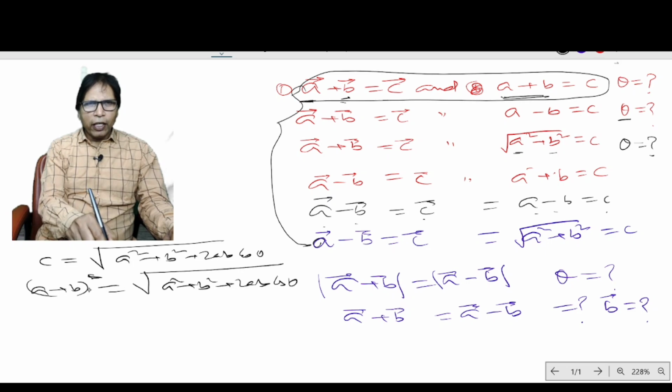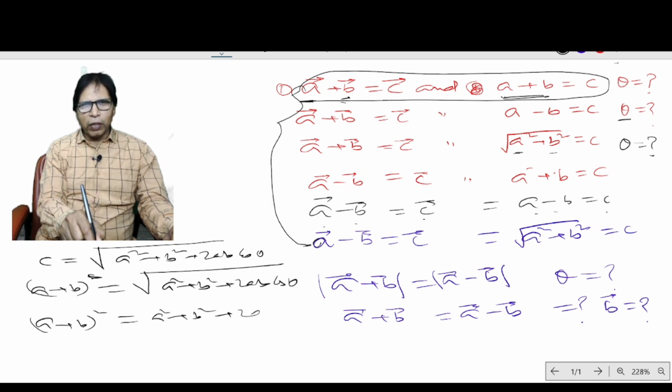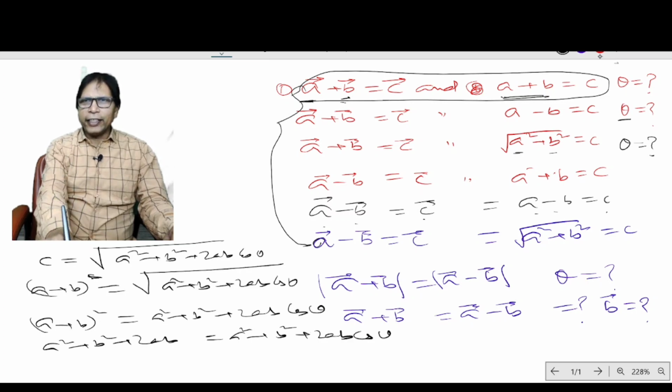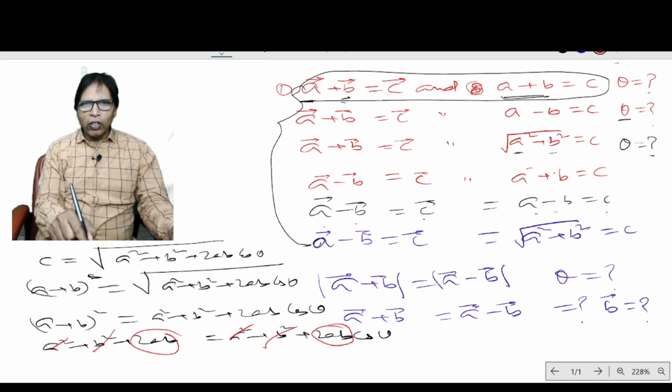Now squaring this, a plus b whole square equals a square plus b square plus 2ab cos theta. So a square plus b square plus 2ab equals a square plus b square plus 2ab cos theta. Now a square cancels out, b square cancels out, and 2ab cancels out. So 1 equals cos theta, so theta equals 0 degrees.